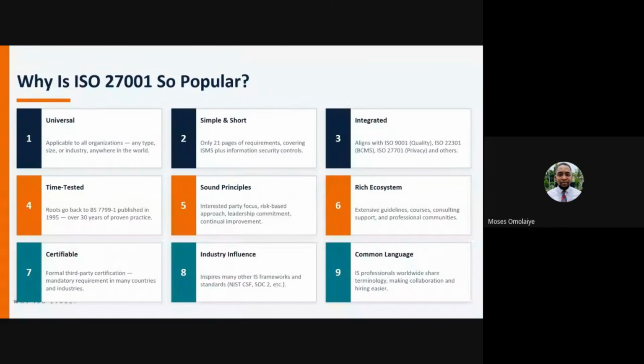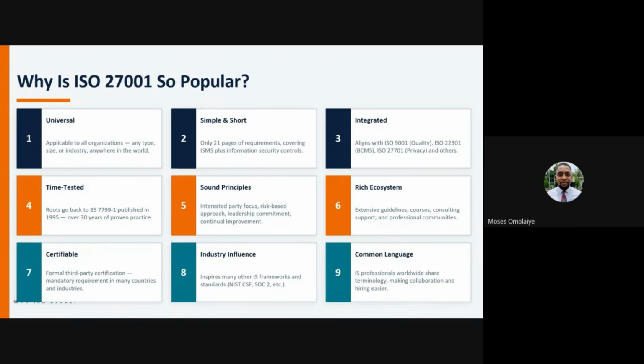And then it also aligns with other management systems like business continuity, privacy, quality management. In fact, it can even integrate with other frameworks that are non-ISO, like NIST and all of that. And then it's time tested.